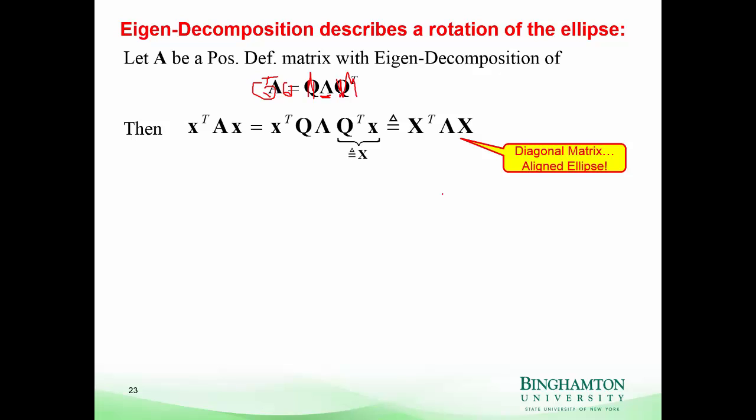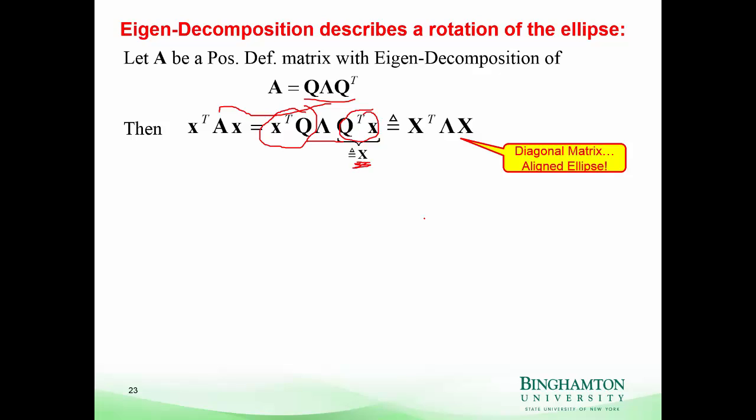So if we plug in this eigendecomposition for A, now it's sitting right there. And now we're just going to group things. This is X transpose, but we'll call it capital X now, just to distinguish it.